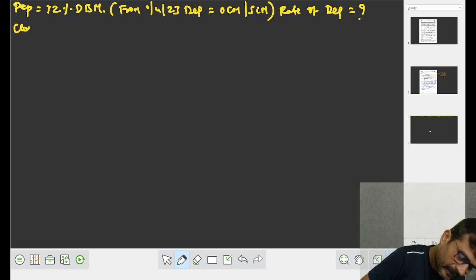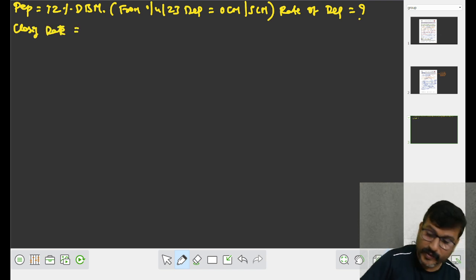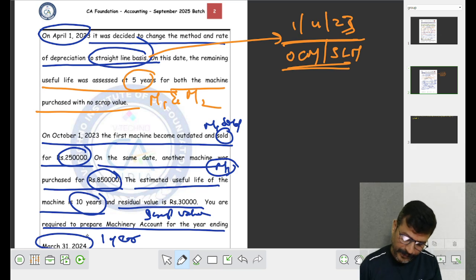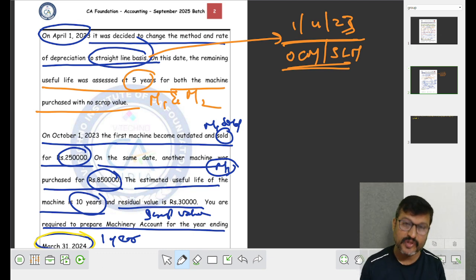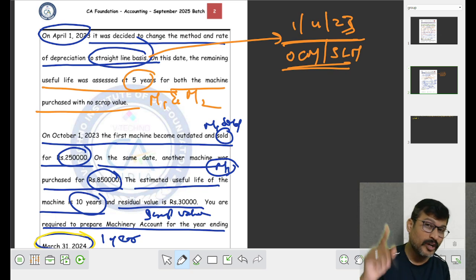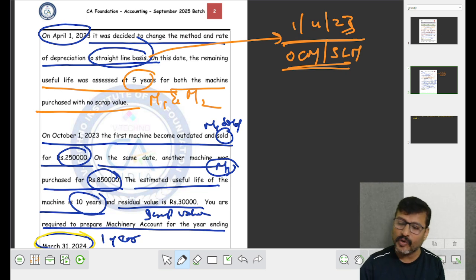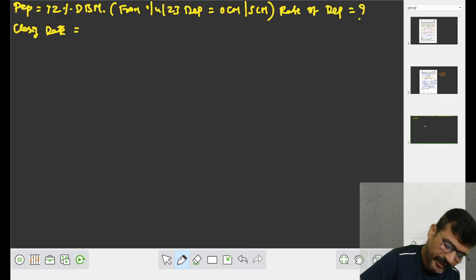Closing date. See, when the accounts are closed, it's very easy to identify, my dear student. You have to prepare for 1 year ending on 31st March 24. Ending on 31st March 24 means you have to prepare for only 1 year. Ending on 31st March means accounts are closed on 31st March every year.